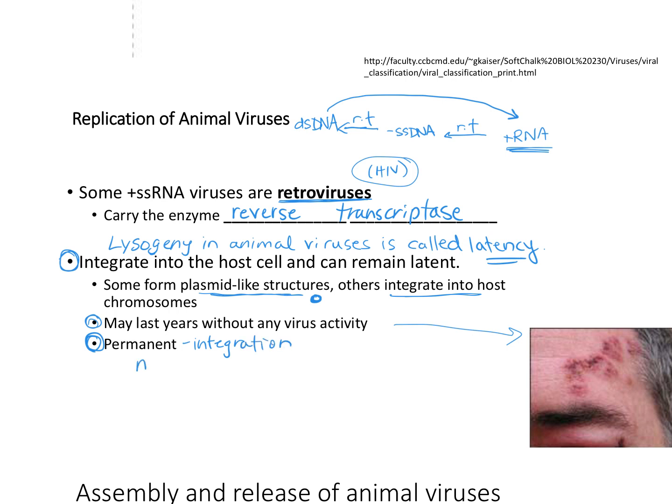So in other words, we get no induction into the lytic cycle for animal viruses. And that's sort of unfortunate because once HIV is in our chromosome, we don't have any way to get it out.